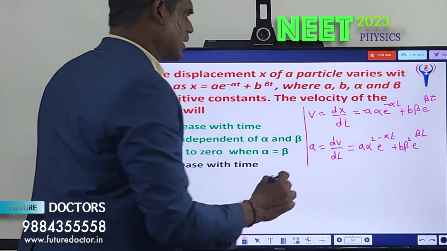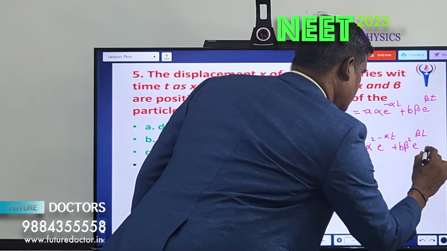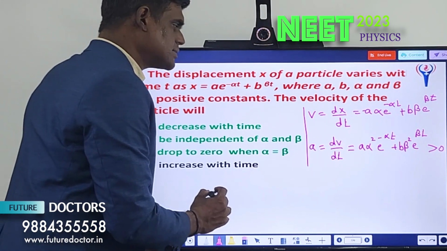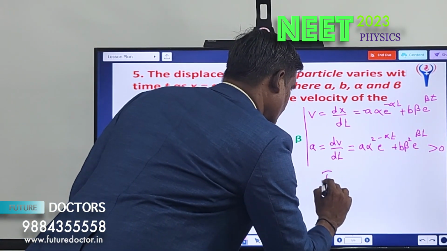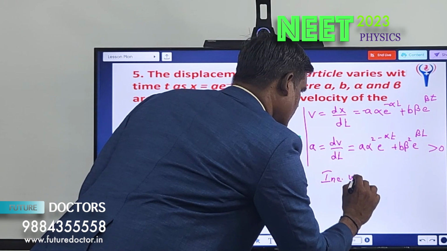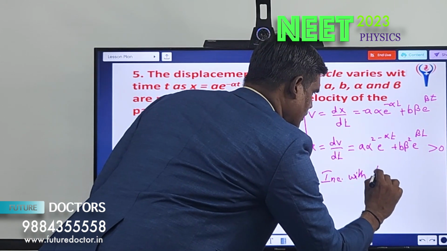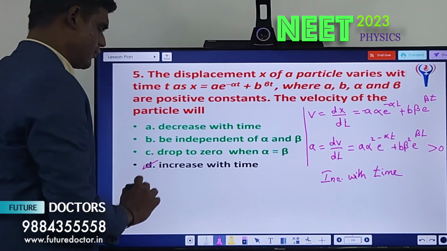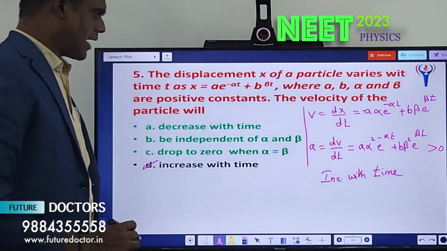This value is greater than 0. It means velocity increases with time. That is option D. Option D is the correct answer.